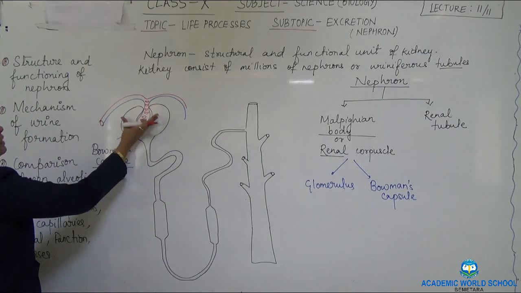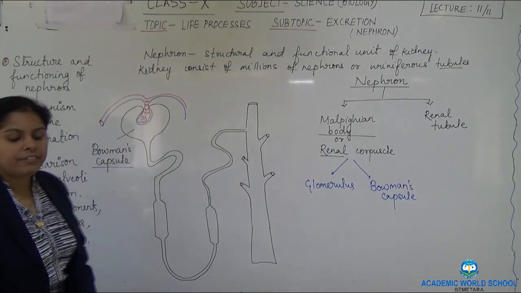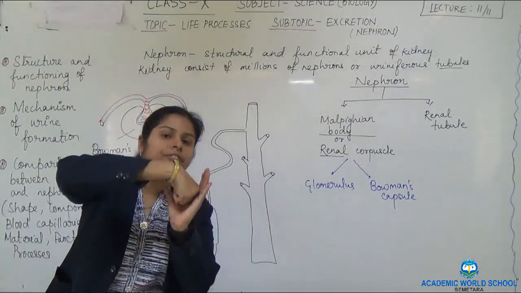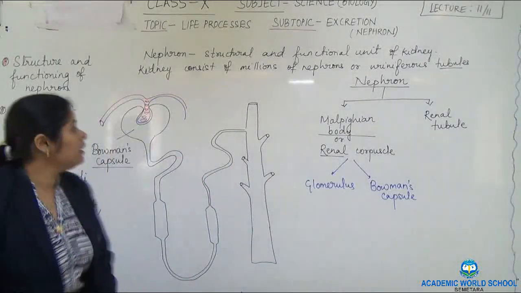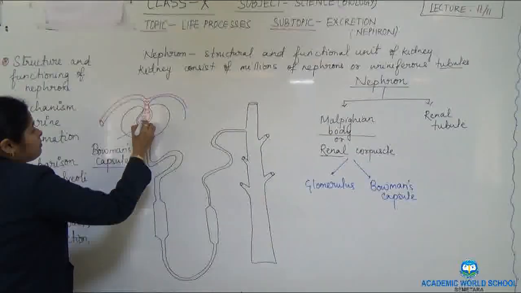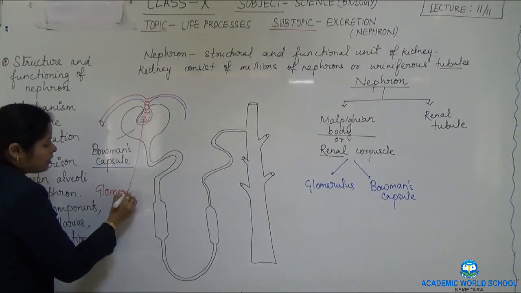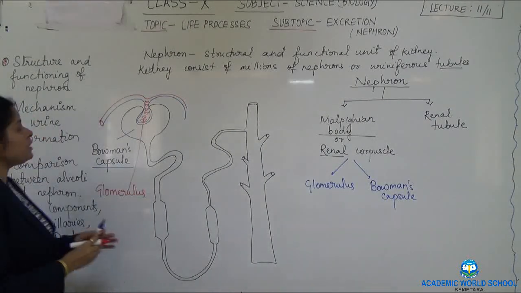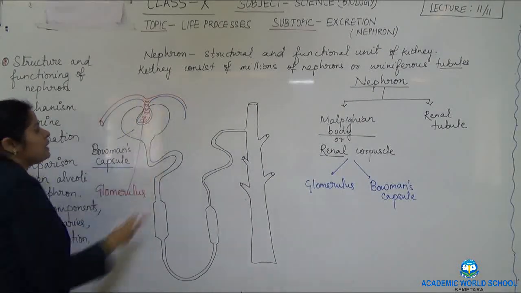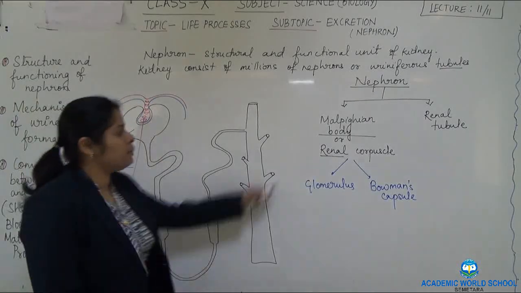Suppose this one is the Bowman's capsule, the tuft of capillary fits like this. This is called the glomerulus, this portion. So I'll label this one as glomerulus. Together, the Bowman's capsule and the tuft of capillaries that fits inside, this portion we call as Malpighian body.